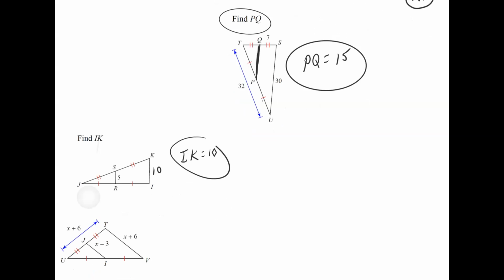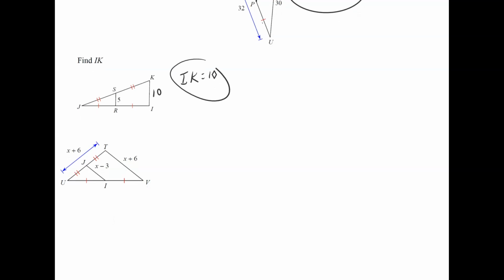And let's do one more that has some algebra involved. All right, so here we know that the midsegment is here, JI, and that the longer side, or the third side, is here. So we know that that red segment, TV, is twice as long as JI. What does UT have to do with it? Honestly, it's just there to distract you, and you don't need to do anything with that one.